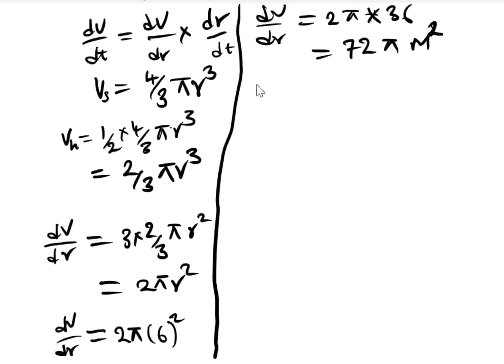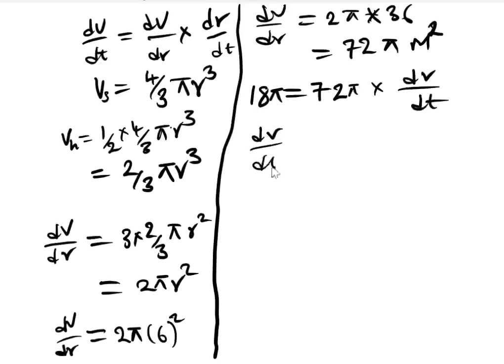So we have that dV/dt, 18 pi, is equal to dV/dr, which is 72 pi, multiplied by dr/dt. Making dr/dt the subject of the formula, we have 18 pi divided by 72 pi.